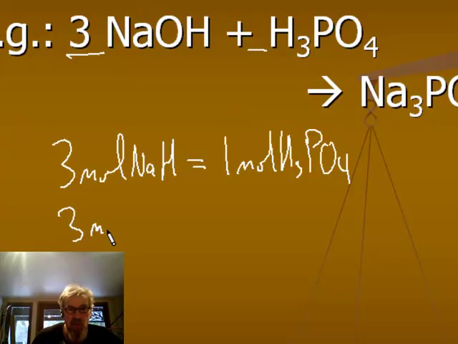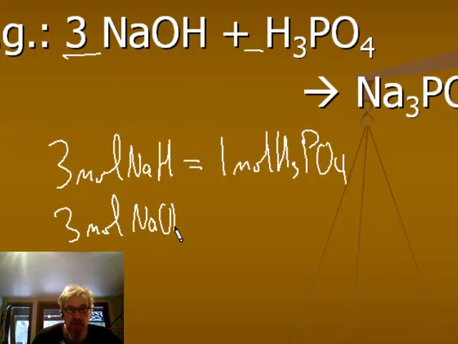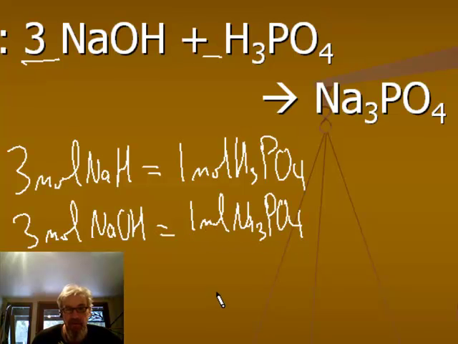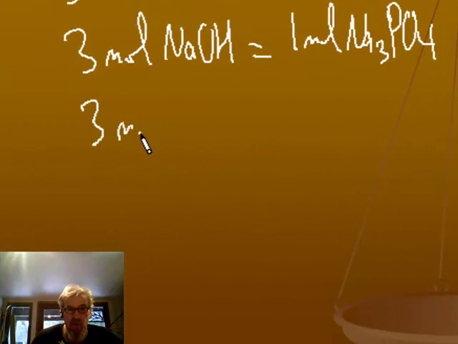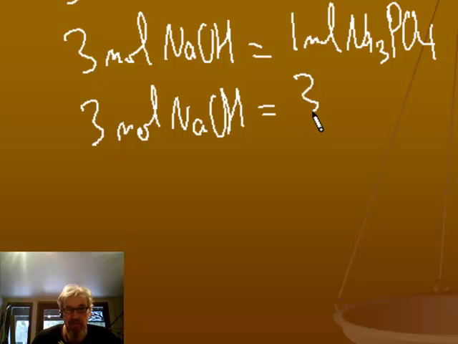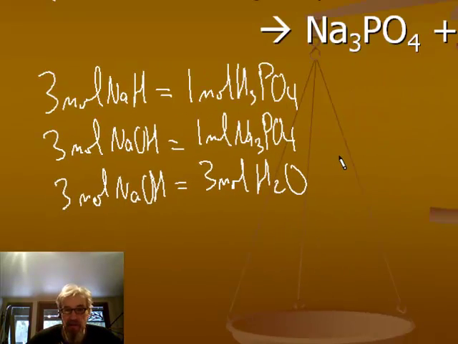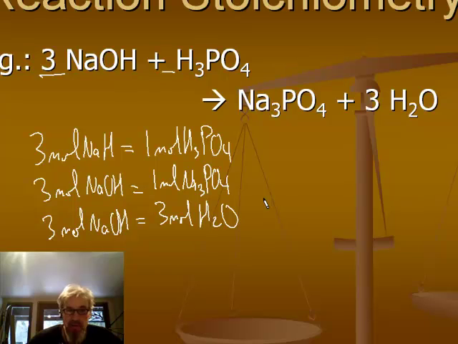For example, 3 moles NaOH is the equivalent of 1 mole Na3PO4, sodium phosphate. Or 3 moles NaOH is the stoichiometric equivalent of 3 moles of water. And you could get more by just comparing different substances. It's easy to see where this comes from. The numbers in front of the substances are the coefficients in front of the substances in the balanced chemical reaction.